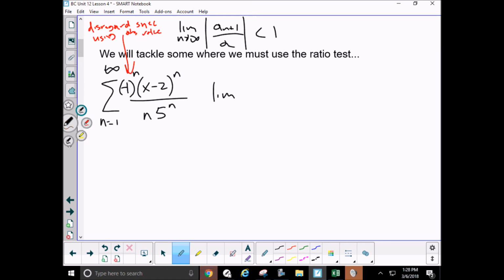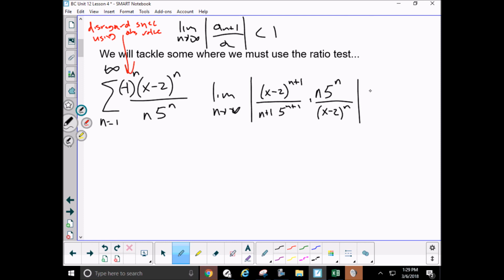I would just have the limit as n approaches infinity of the absolute value of x minus 2 to the n plus 1 over n plus 1, 5 to the n plus 1, times the reciprocal of a_n, 5 to the n times n, over x minus 2 to the n. This must be less than 1 for my series to converge.